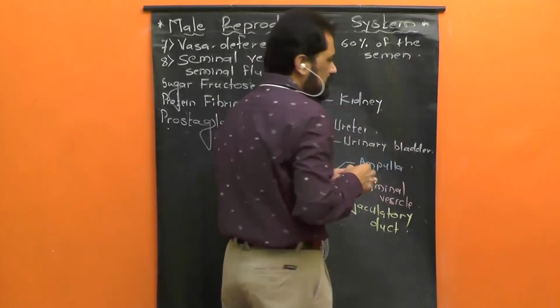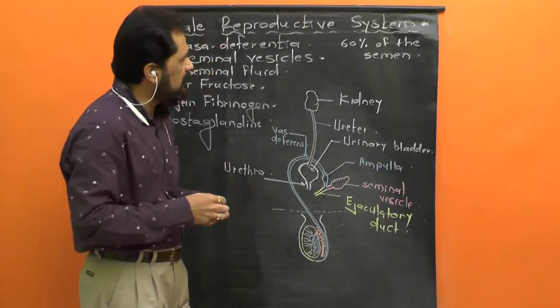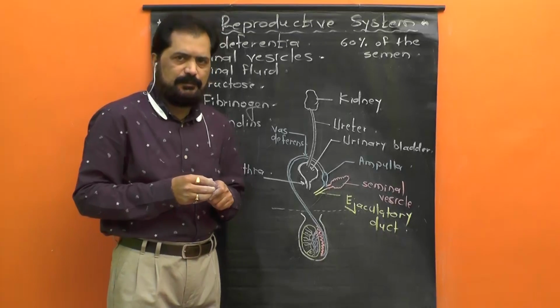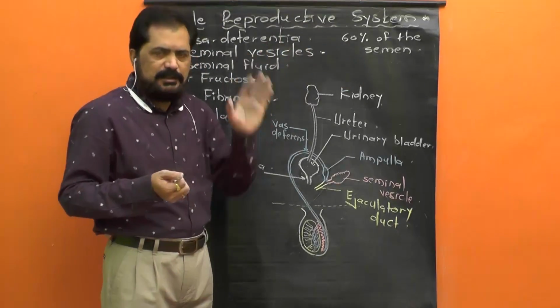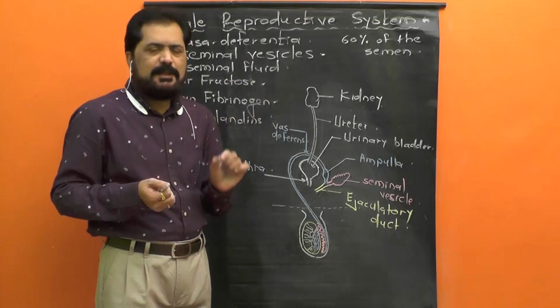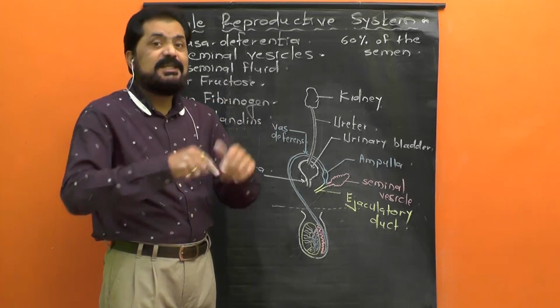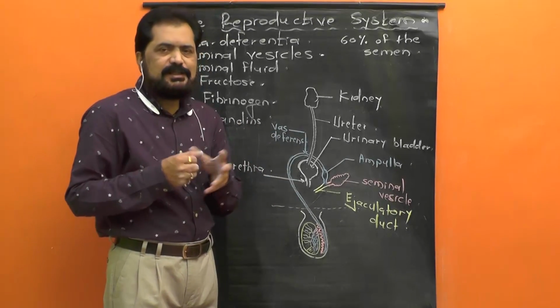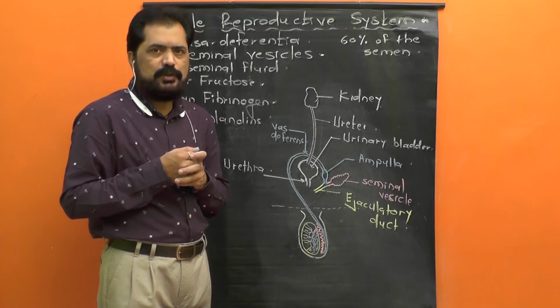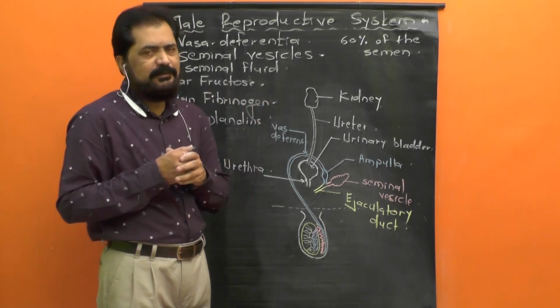Now, what is semen? That we are going to study after the study of male reproductive system. But temporarily I can say that semen is nothing but the male reproductive fluid which is ejaculated out from the male reproductive system during sexual intercourse, during the mating of male and female.